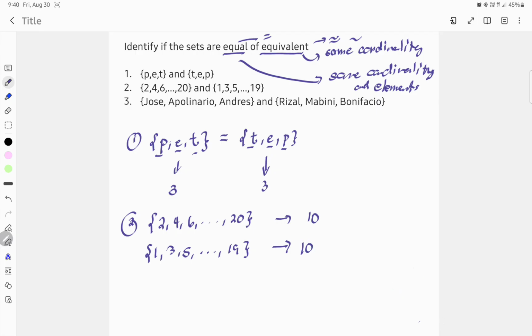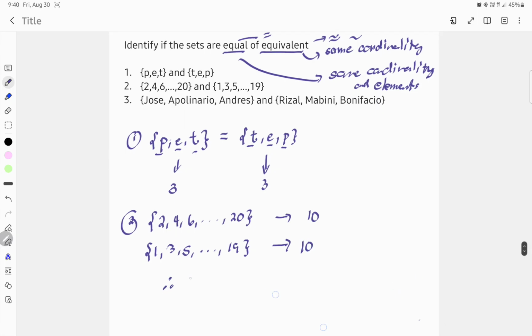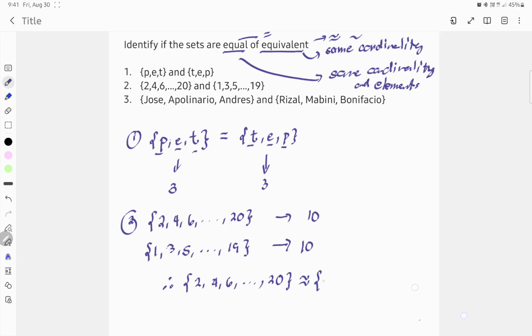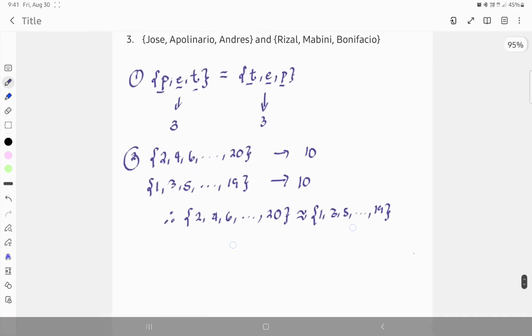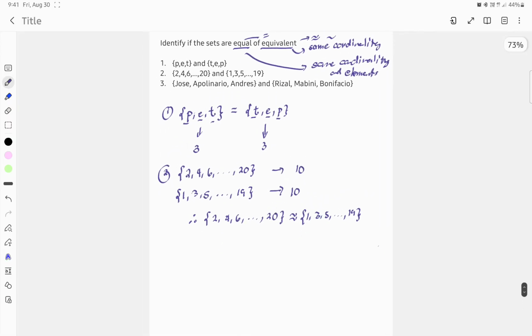What we can conclude is that the set 2, 4, 6 going to 20 is equivalent to the set that contains 1, 3, 5 until 19, because they have the same number of elements. However, the elements are not the same.